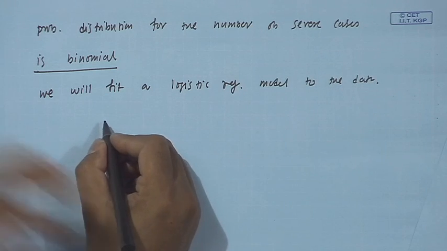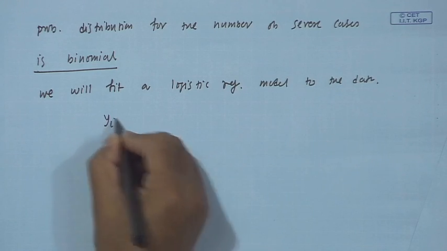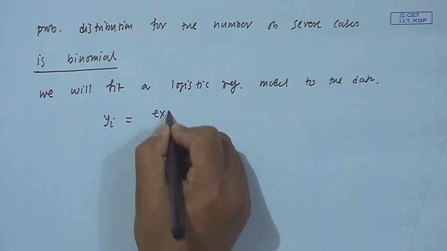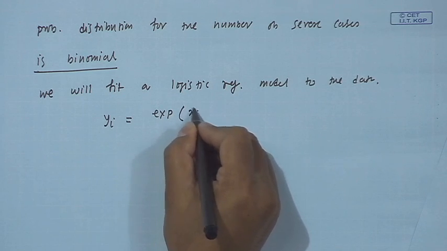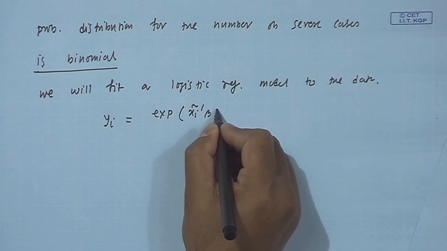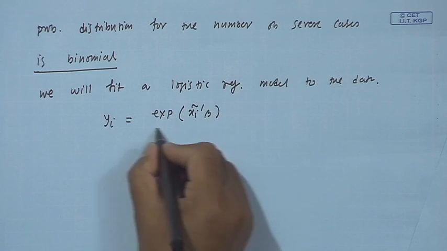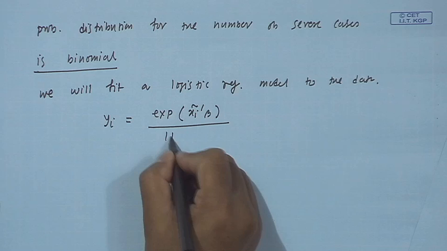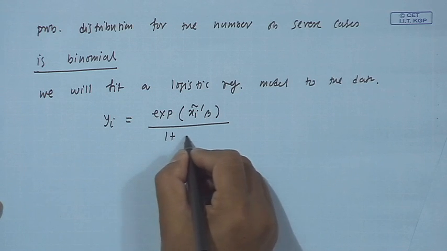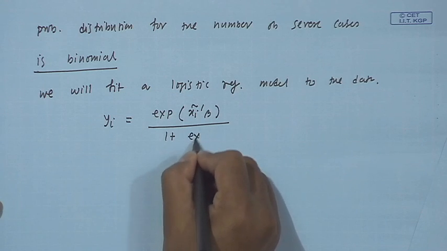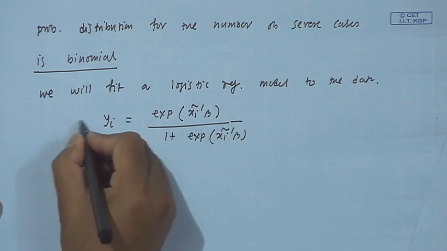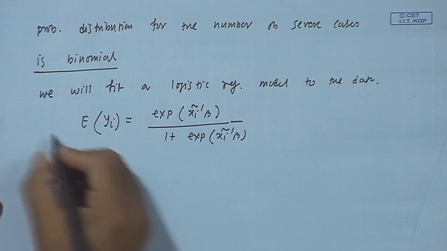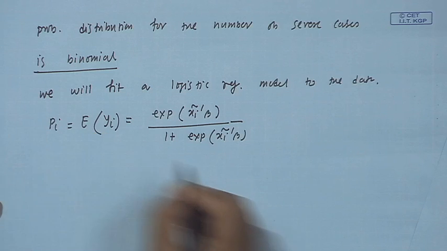My model is y_i equal to exponential of x_i prime beta by 1 plus exponential of x_i prime beta, and I should write this as expectation of y_i, which is equal to p_i, basically.